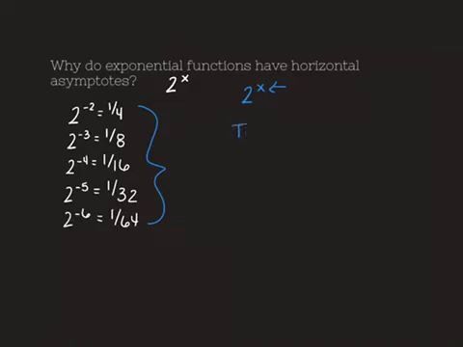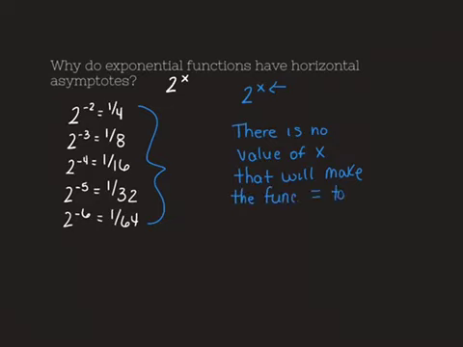So there is no value of x that will make the function equal to 0 or negative. So it can't cross that x-axis, which is why we have that horizontal asymptote.